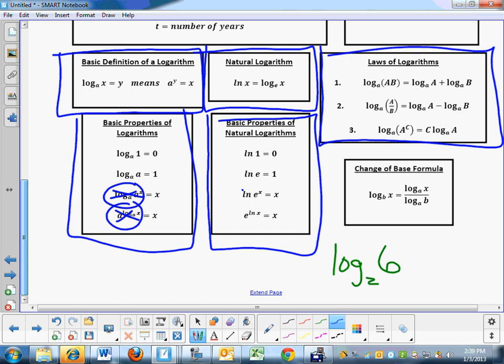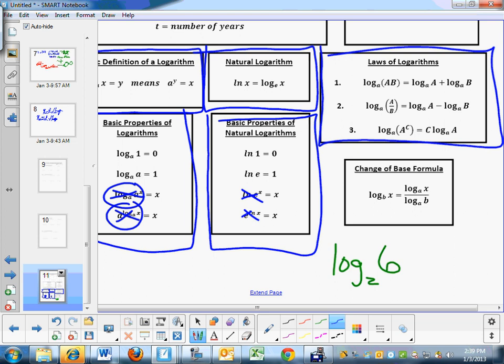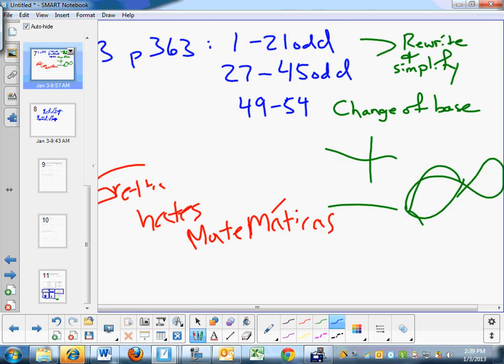Natural log and e cancel out, leaving you with just x. e to the natural log leaves you with just x. So understand those are inverse operations, and that's going to come in very, very, very helpful. Let's go back to our page, and let's simplify some of these things.